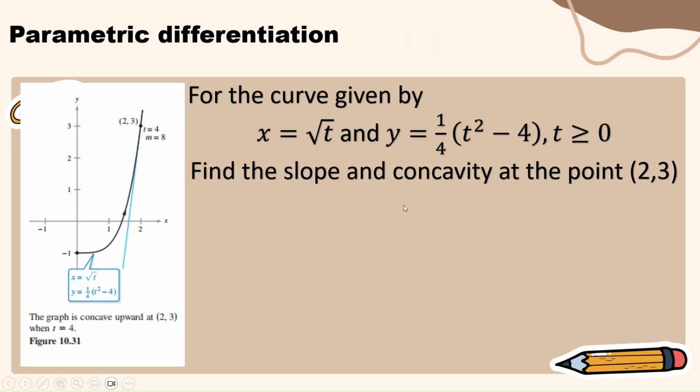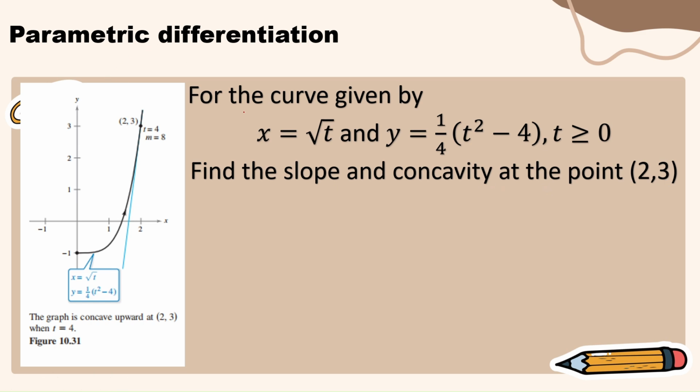So, let's apply that concept dito sa problem na to. So, for this problem, the curve given by x is equal to square root of t and y is equal to 1/4 times t squared minus 4, that is for t is greater than or equal to 0. We're going to find the slope and the concavity at point 2, 3.